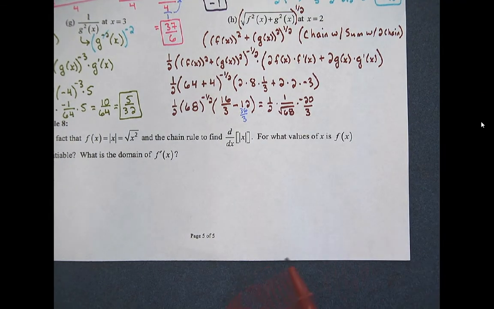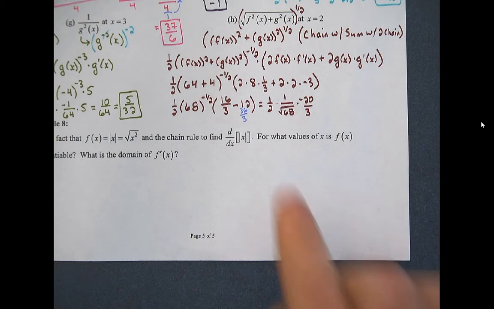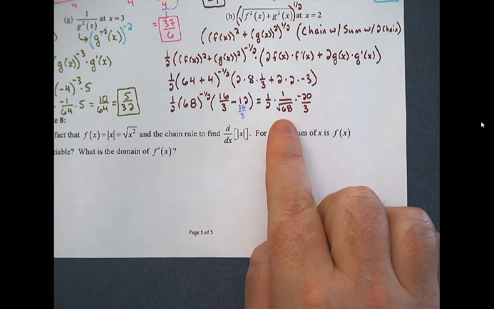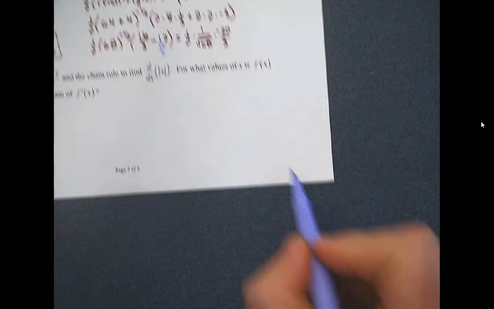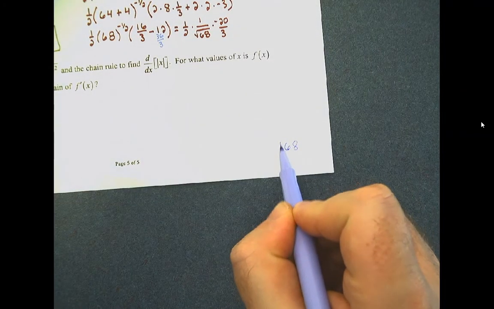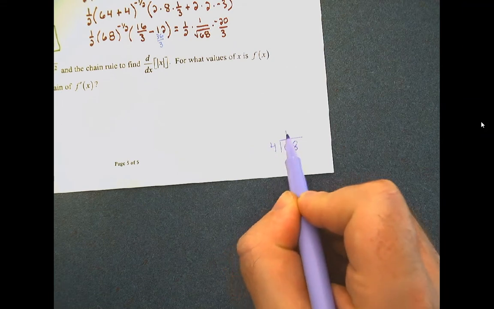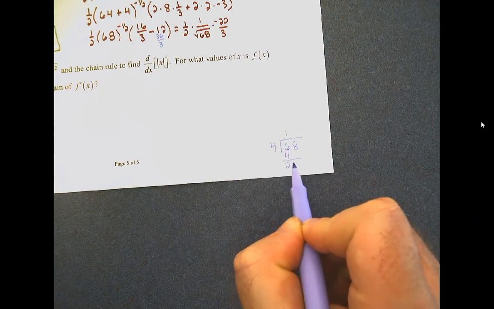And now, let's see if we can clean some stuff up here. I'm going to try to now work on this 68. Is there a perfect square that goes into 68? I was almost grabbing my calculator. Okay, does 4 work? Is 68 divisible by 4? 4 goes into there once, 4, 28, 7.